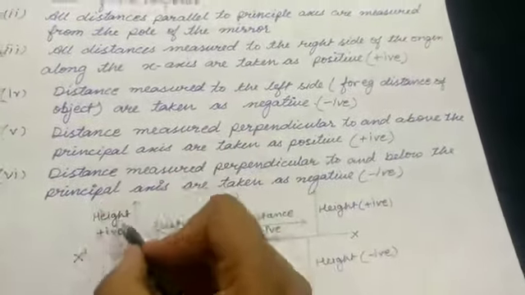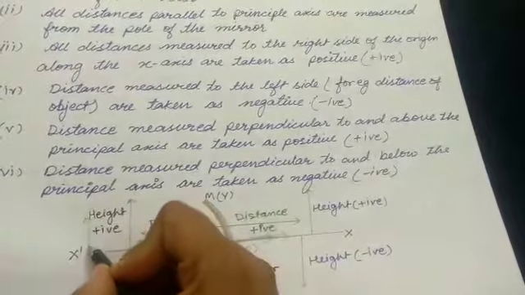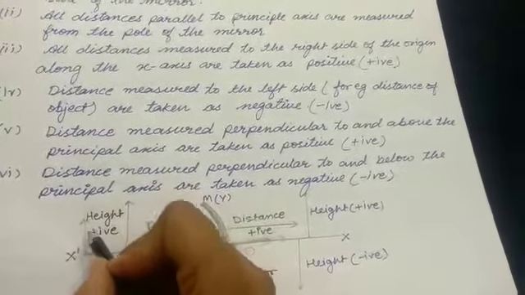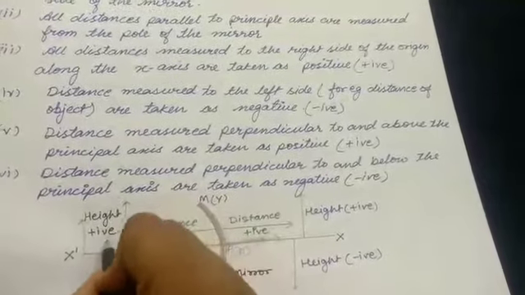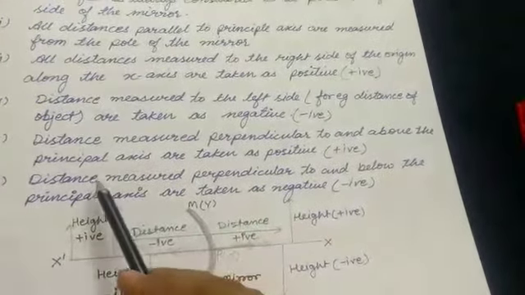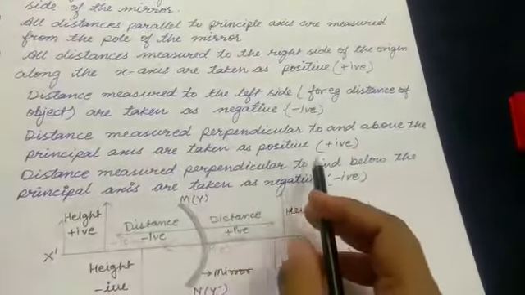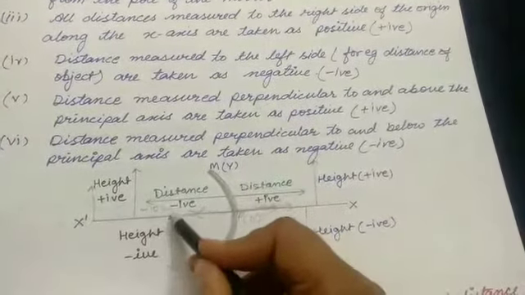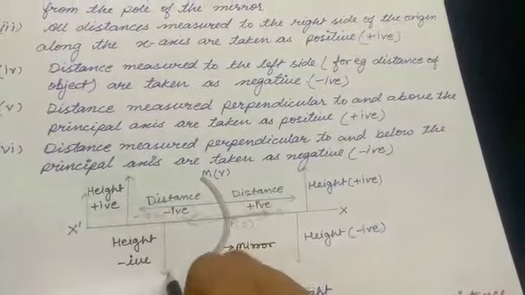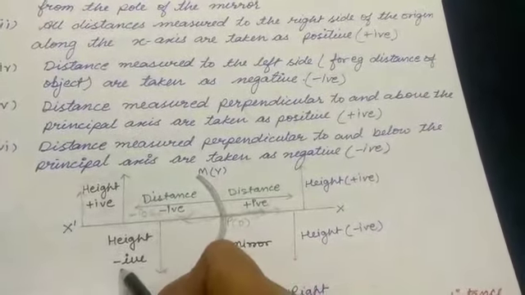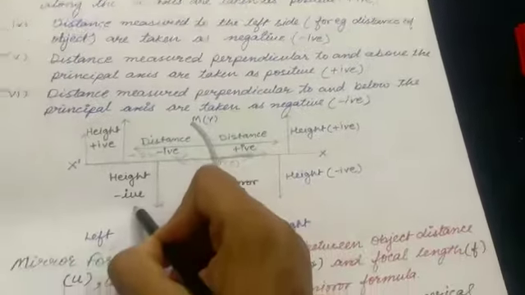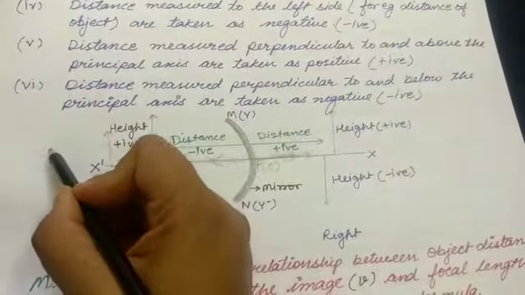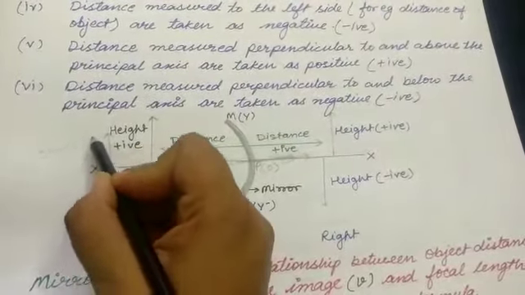Whenever we keep the object, it is above the principal axis, so the height of the object is always positive. In the same way, distances measured perpendicular to and below the principal axis, such distance or height, will be taken as negative.